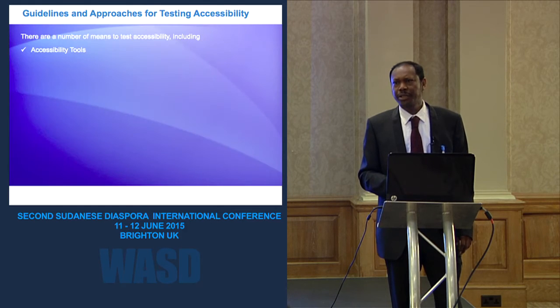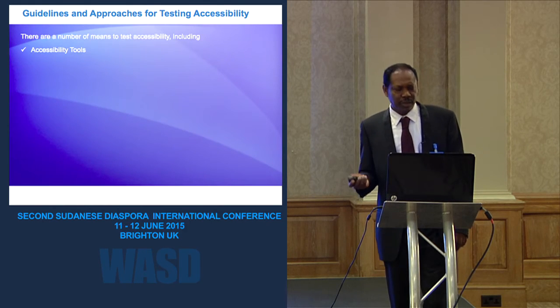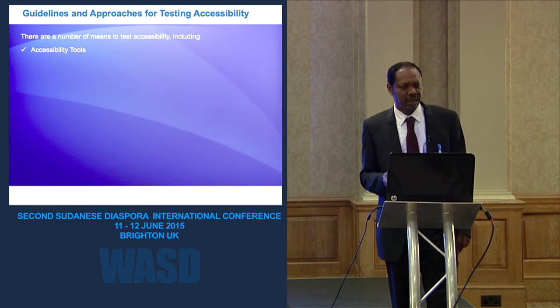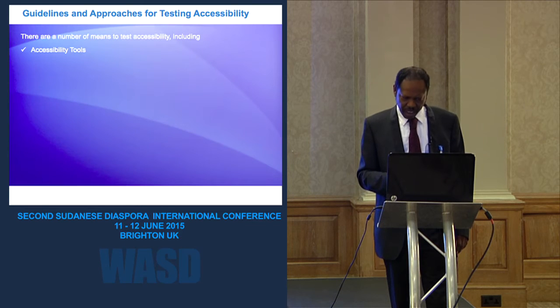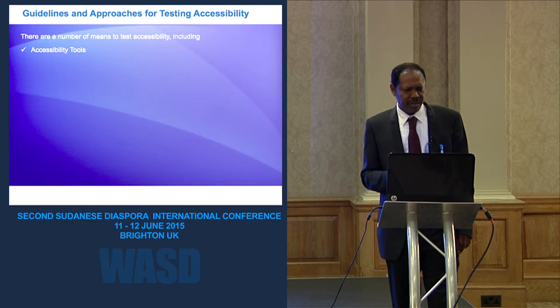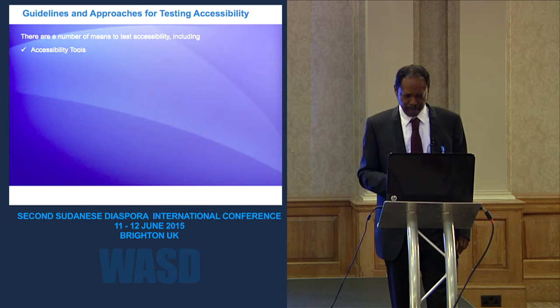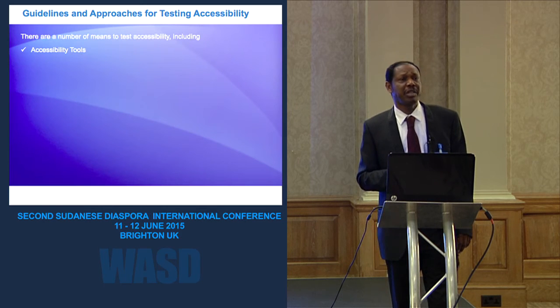In order to test whether the website is accessible or not accessible, we use tools. And there is a guidelines approach to testing. There are a number of means to test accessibility, including accessibility tools.